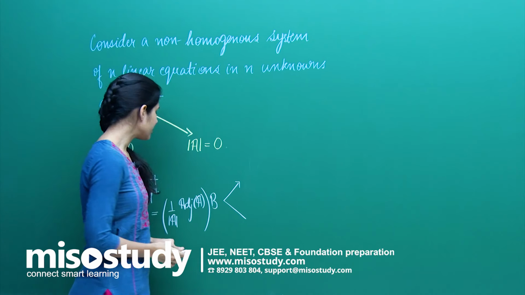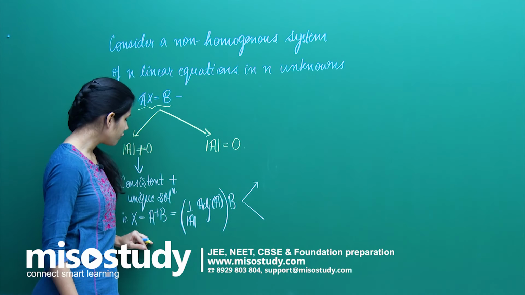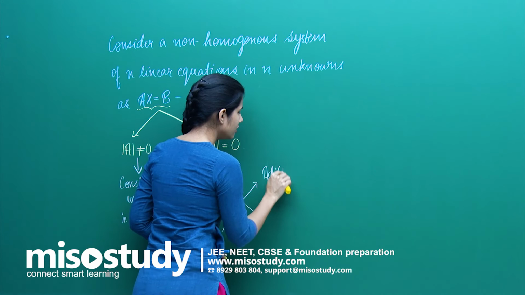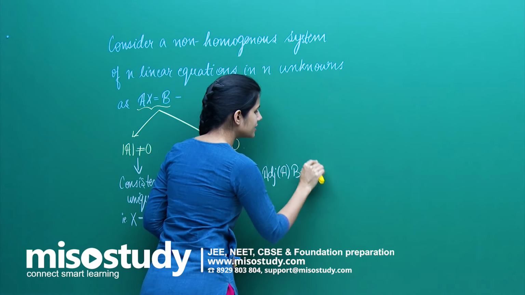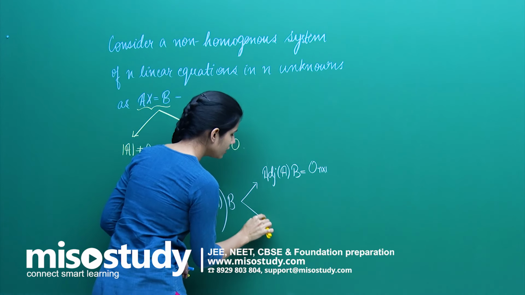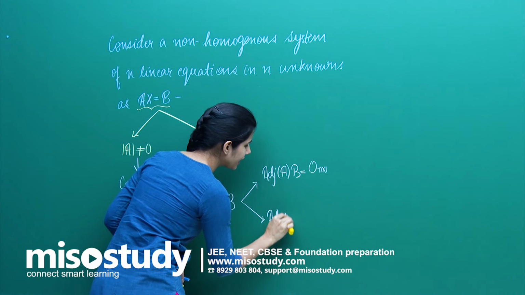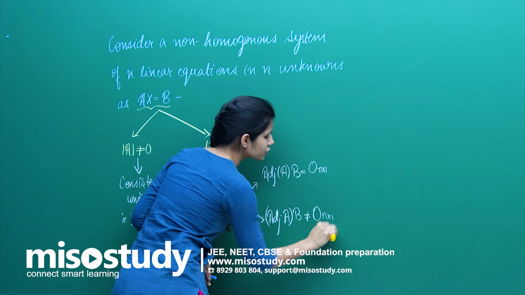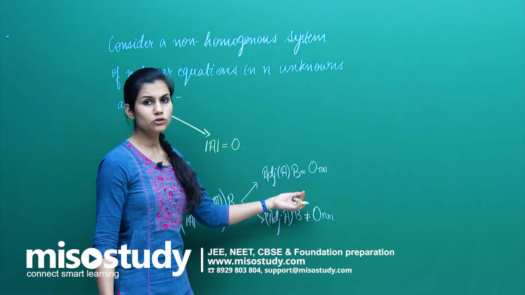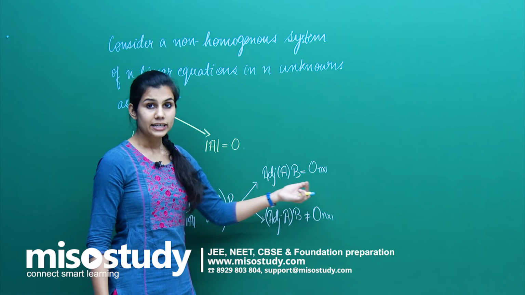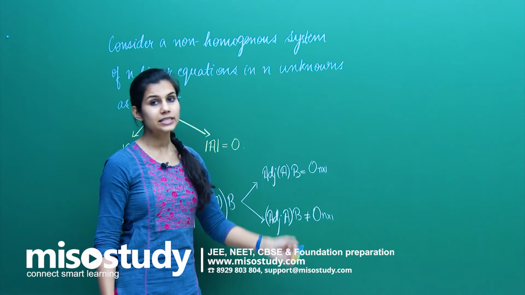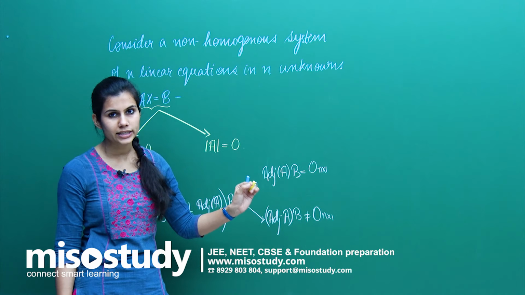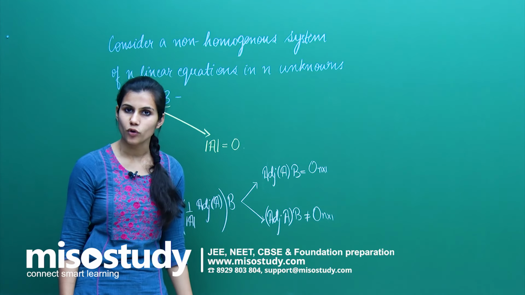I can have two possibilities: adjoint of A into B is a null matrix of order n cross 1, or adjoint of A into B is not equal to a null matrix of order n cross 1. If it is equal to a null matrix, divide each and every element by determinant of A, which is a non-zero quantity, and you again get a null matrix of order n cross 1.